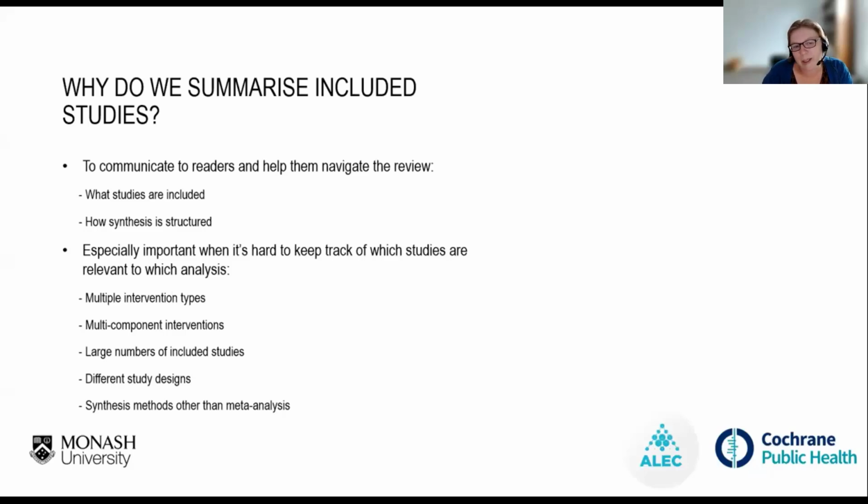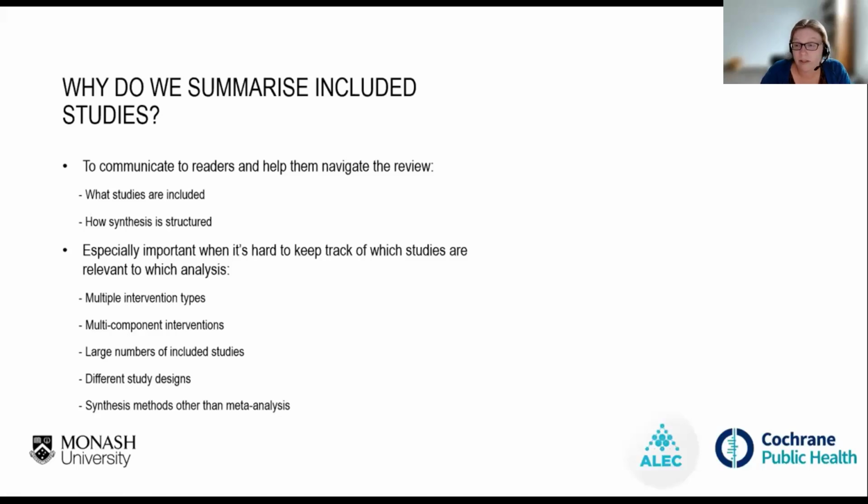Now, I think this is applicable to all systematic reviews. I think we can do a good job of this regardless of the kind of question we're asking. But there are some circumstances where it's particularly helpful. So if you're looking at a more complex review, if you've got lots of different intervention types in your review, or you've got multi-component interventions that you want to talk about, what are the bits and pieces that each particular study has, then that's really helpful.